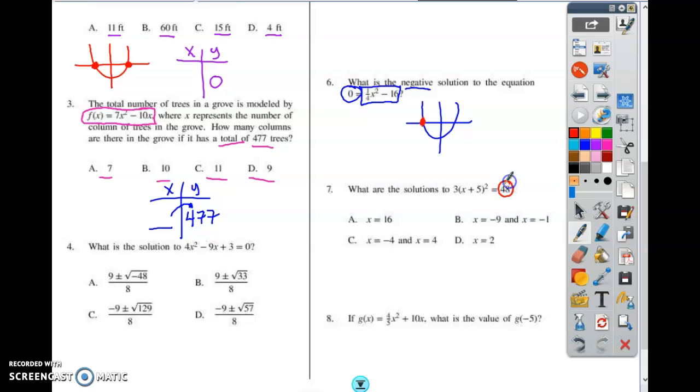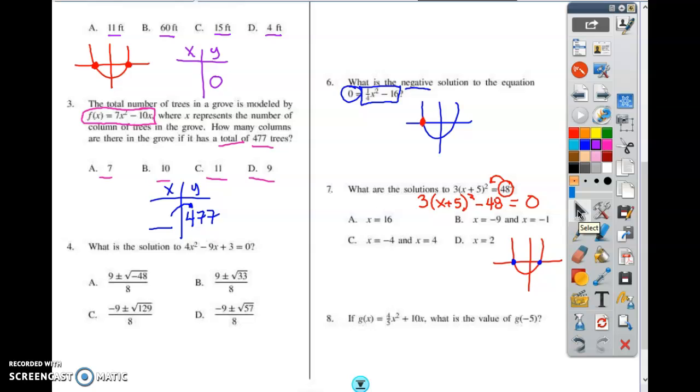On this one, you can move it over, change the sign, so it becomes 3 parentheses x plus 5, close parentheses square, minus 48, and see which one gives you 0. So my zeros, I'm looking for these things. Okay, so pause the video, do some of those problems, and then I'll continue in just a little bit to do the other problems.